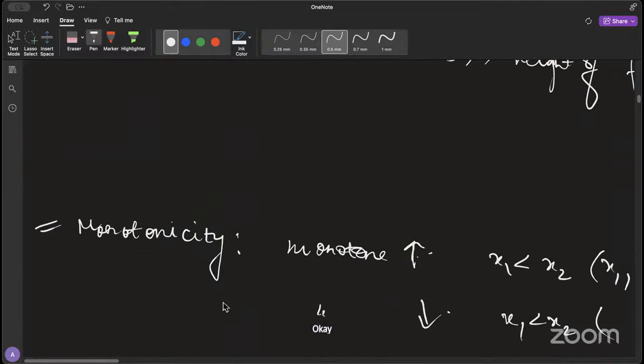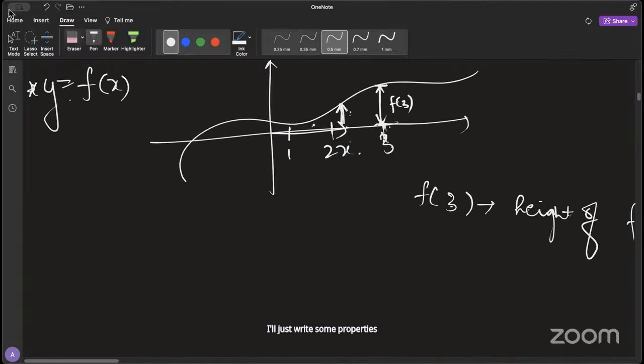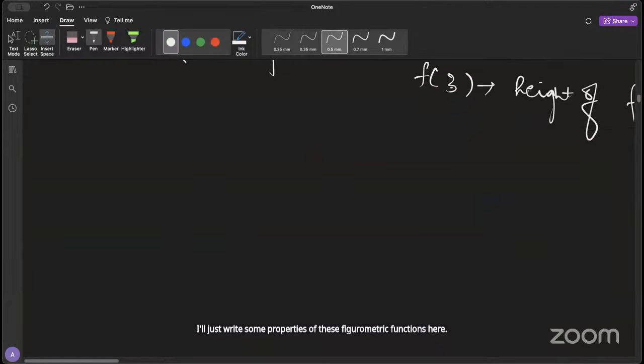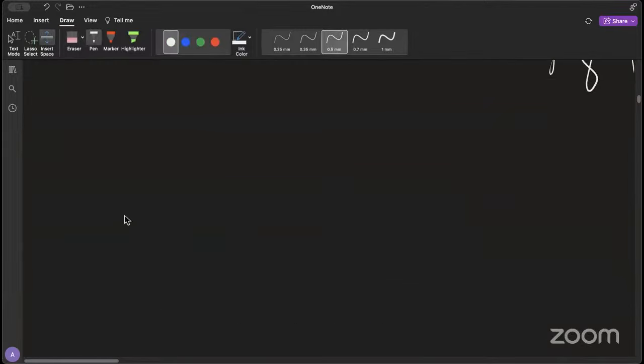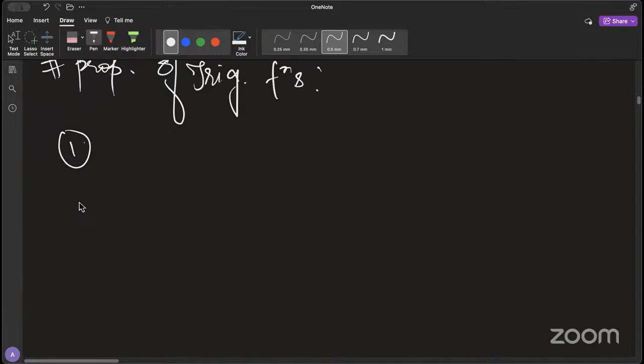Okay. Then I'll just write some properties of these trigonometric functions here. The first property is the negation of argument.